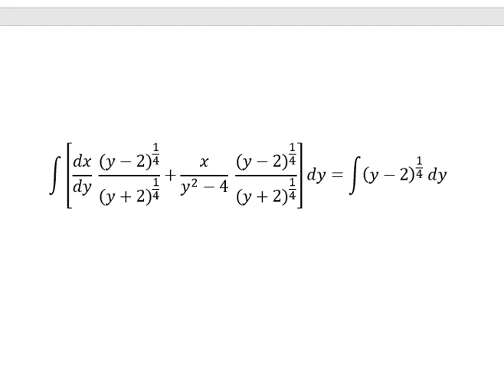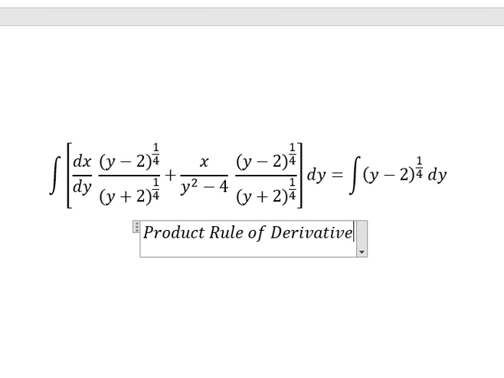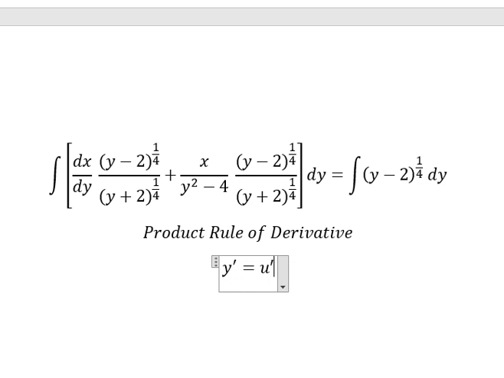Now we can apply the product rule of derivative. So I will put the first derivative of y equals the first derivative of u multiplied by v plus the first derivative of v multiplied by u.